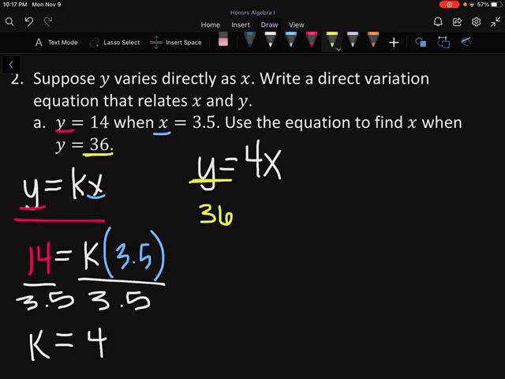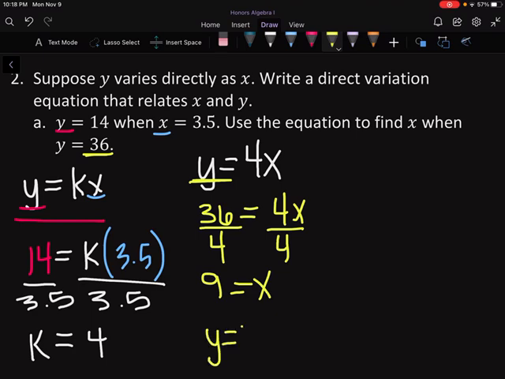So 36 is equal to 4x and then divide. x is equal to 9. So in the answer form, I have it as y is equal to 4x; space 9. Okay? It's a space. I don't actually have like an underscore there. I have a space.